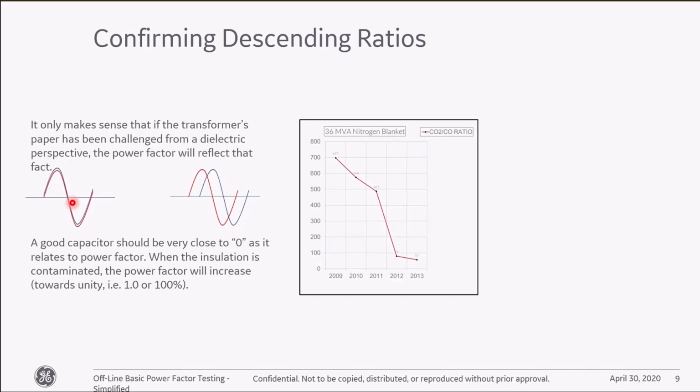So not all that long ago, when we first started looking at the carbon oxide ratio for gases, we were looking at carbon monoxide and carbon dioxide, and Chris Rutledge over at Memphis, who is a very close friend of mine and still is to this very day, first noticed this carbon oxide ratio and the fact that you could trend this ratio and find paper problems before hot metal gas started generating in a lot of cases, which I thought would make us a lot more accurate, and I think it has.